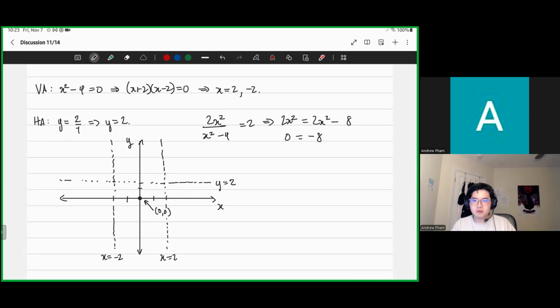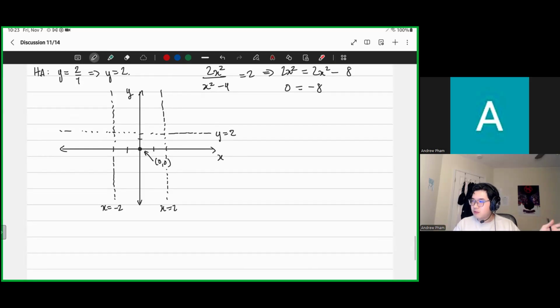So we must not have a place of intersection with the HA. If you set your function equal to the HA and you get a contradiction, you conclude that there is no point where your function intersects the HA at all. Okay? All right.